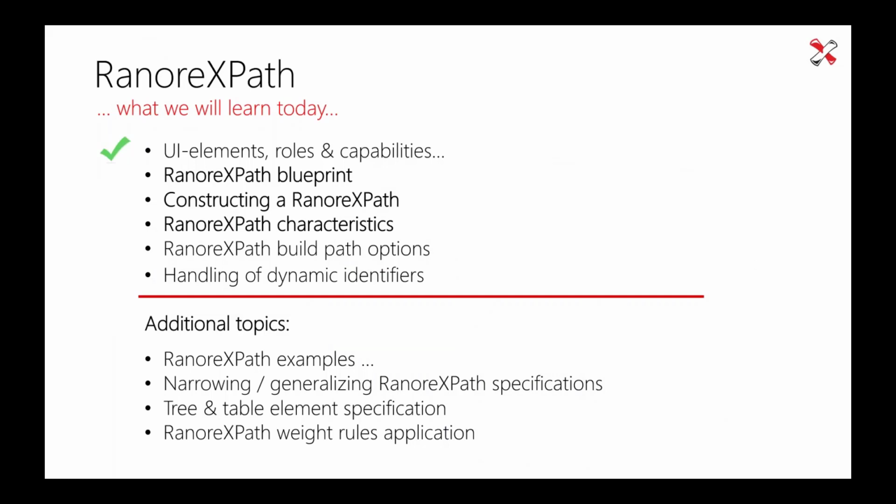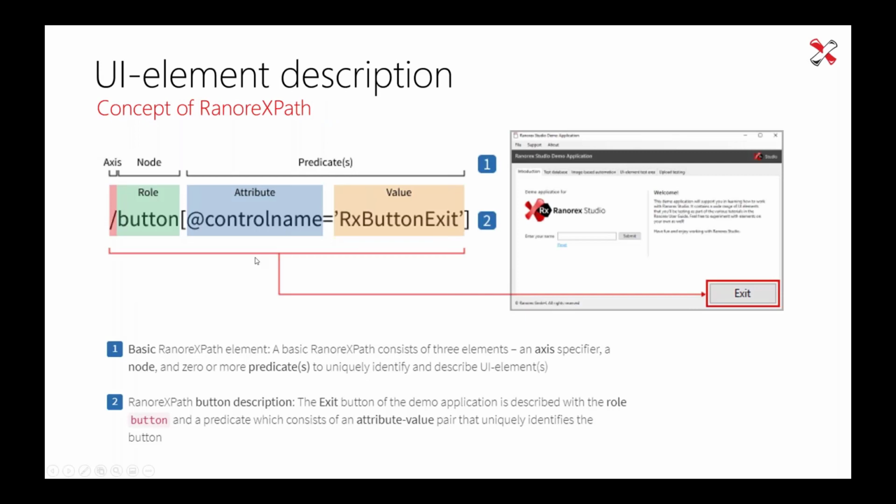I would like to explain to you how a RanoreXPath is created. The first thing I would like to show you is the concept of a RanoreXPath architecture. Every element of a RanoreXPath consists of a so-called axis, which is usually the slash.